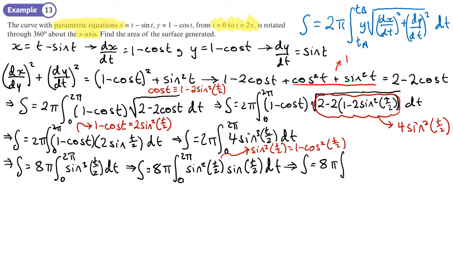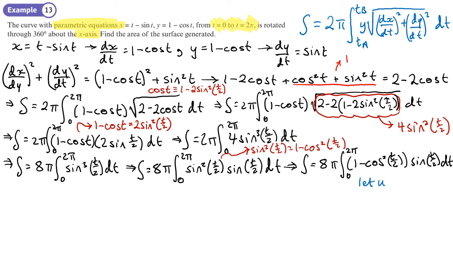So 8 pi, 0 to 2 pi, and then we'll have 1 minus cos squared t over 2 times by sine t over 2 dt. Okay, right, now we're going to use substitution.